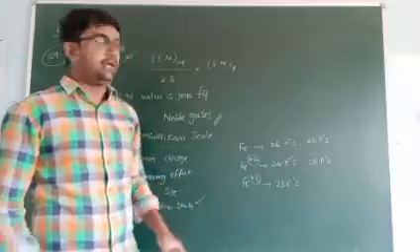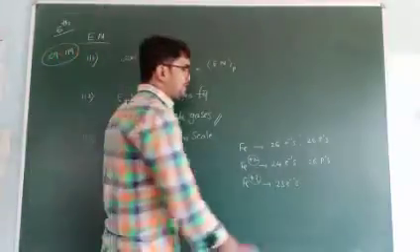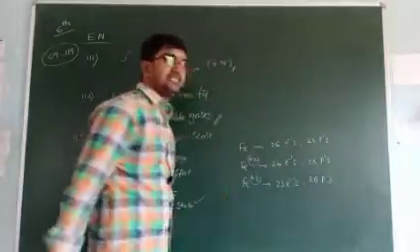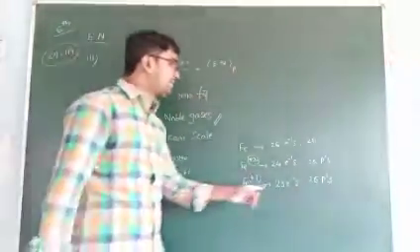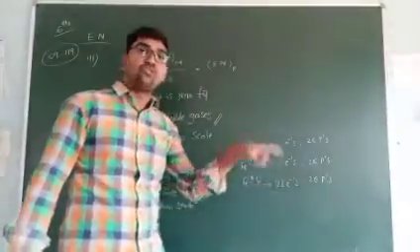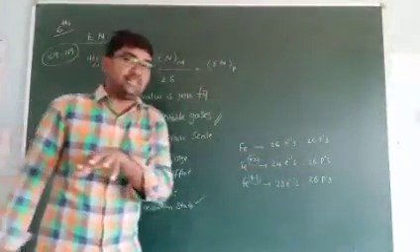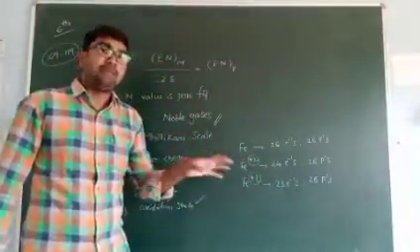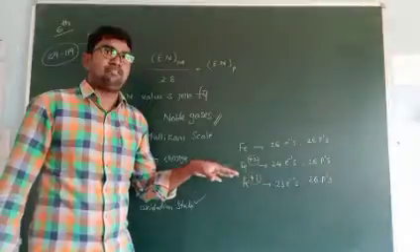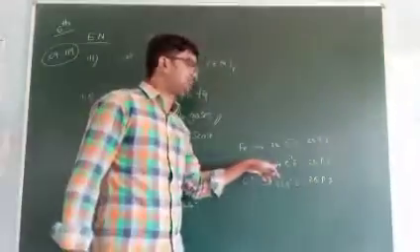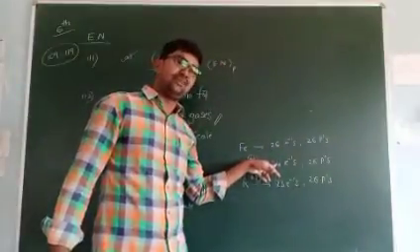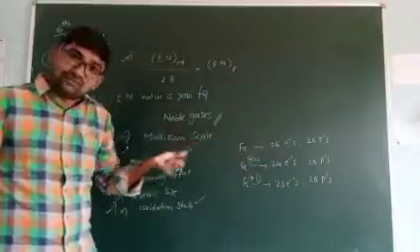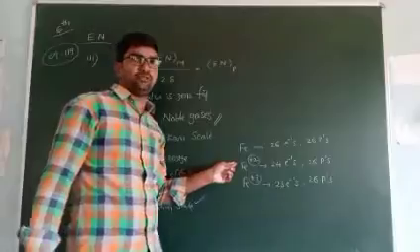Now comes Fe plus 3. How many protons are present inside the nucleus? 26. How many electrons are present outside? 23. So inside 26, outside 23, a larger difference compared with Fe plus 2, which has 24. Then the size is much smaller compared with plus 2.